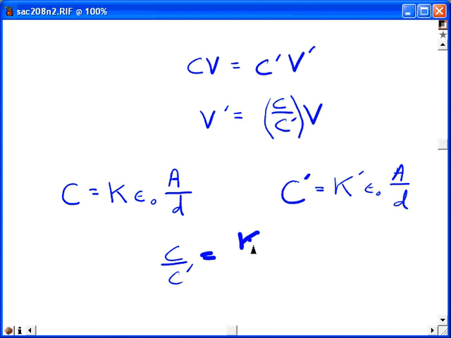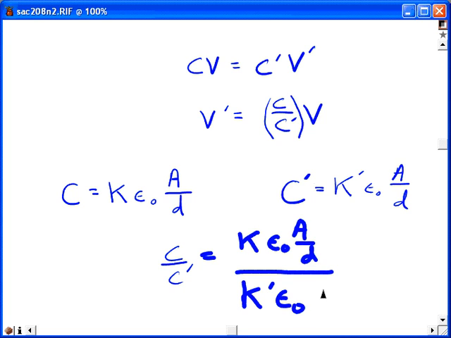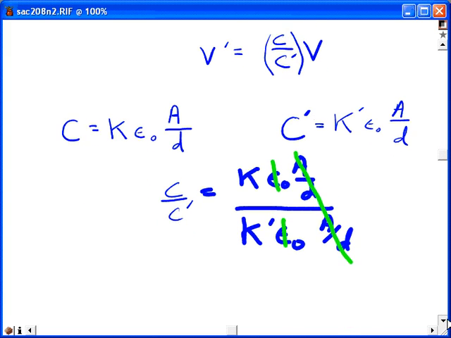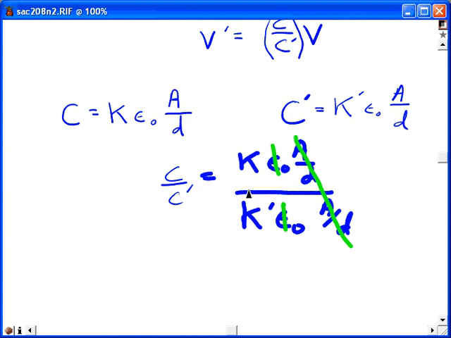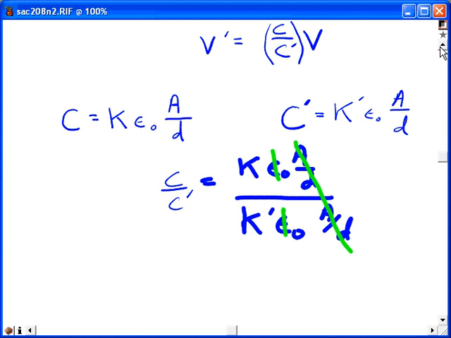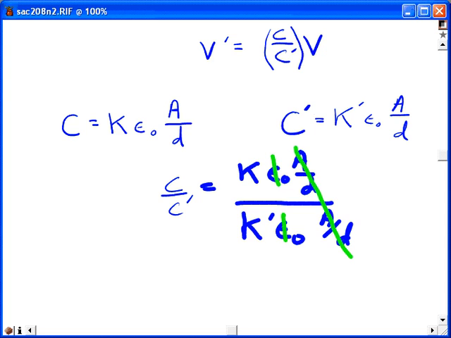It's just K epsilon 0 times A over D for the capacitance in the before picture. And then I divide that by K prime times epsilon 0 times A over D, the after picture. We see the epsilons cancel out and the A over D's cancel out, and our C over C prime is just K over K prime, the ratio of the dielectric constants.